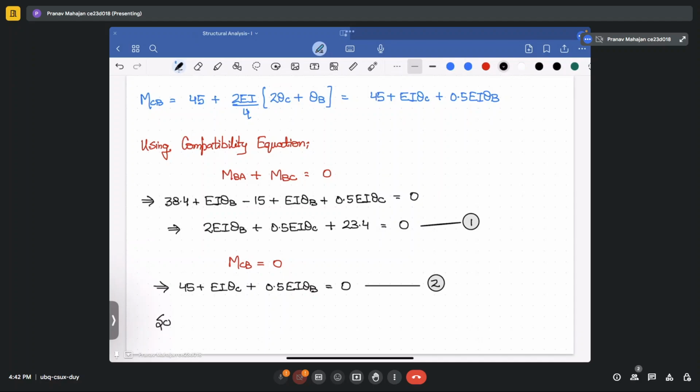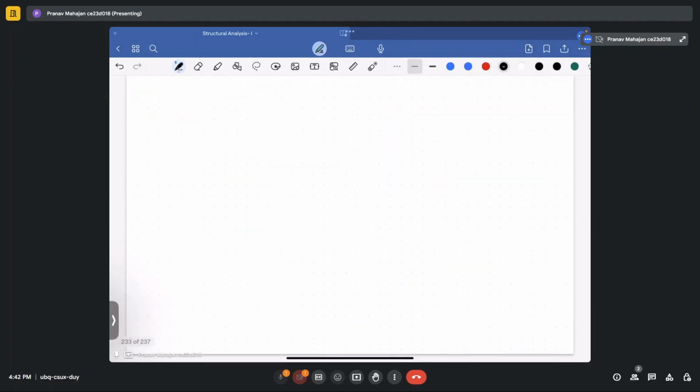So solving 1 and 2, we get EI theta B is equal to minus 18 upon 35, and that is equal to minus 0.51, whereas EI theta C is equal to minus 44.74.